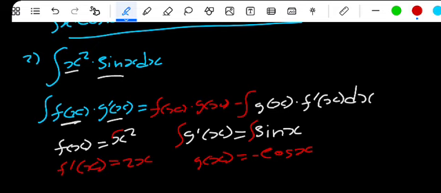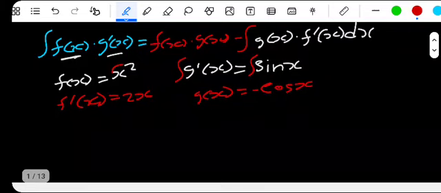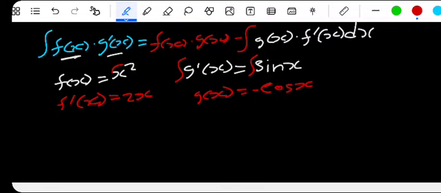Now we can substitute into our formula. We have the integral of f of x multiplied by sine x.